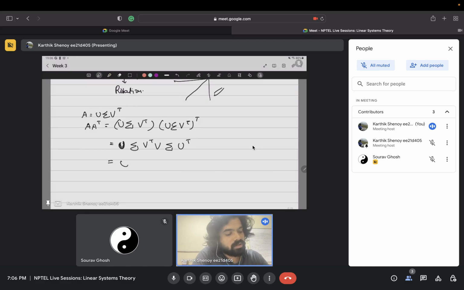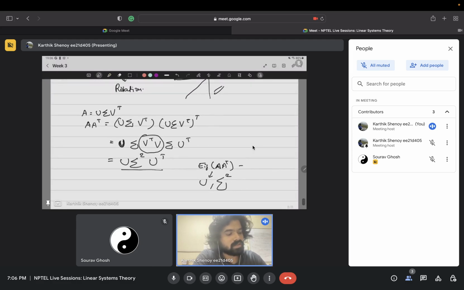So this is U sigma, identity, sigma, U transpose, which is U sigma square U transpose, correct. So the eigenvalues and eigenvectors of A A transpose are nothing but sigma square and U. Now, if you want the singular values, just take the root of the sigma square, that is it.